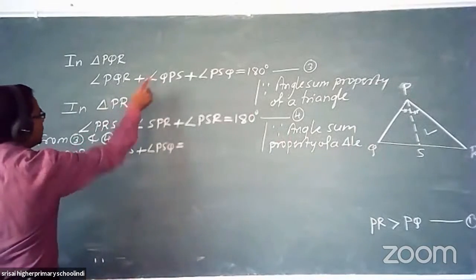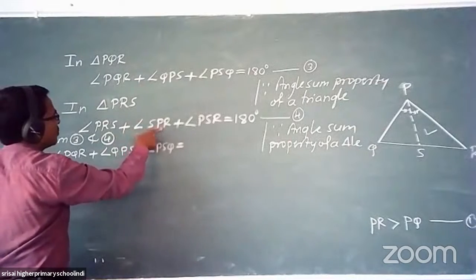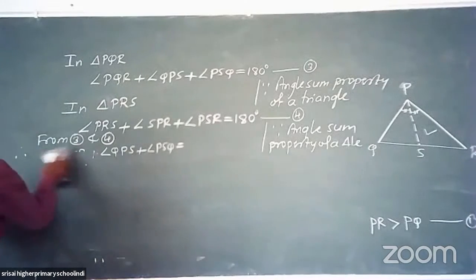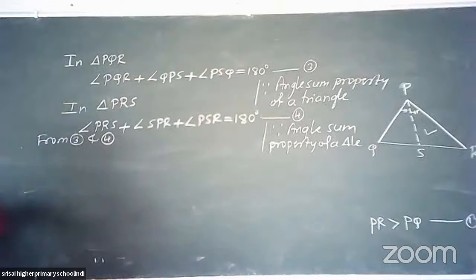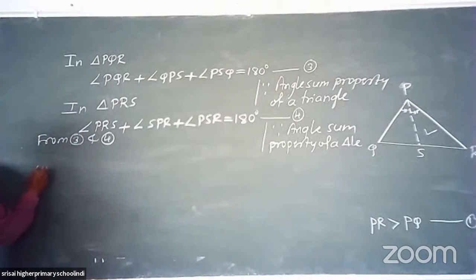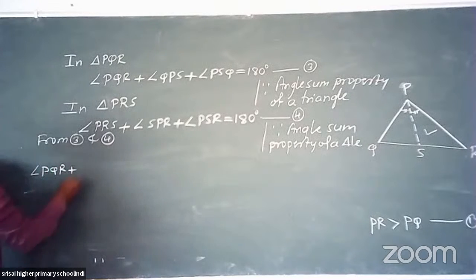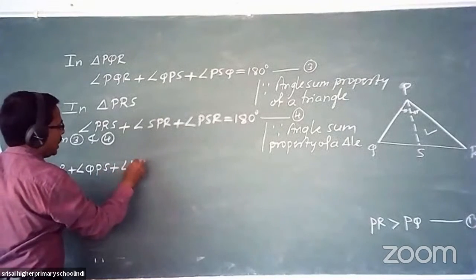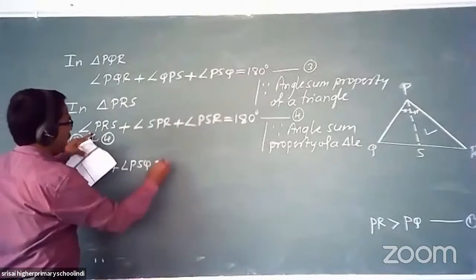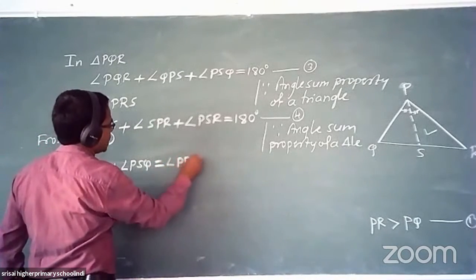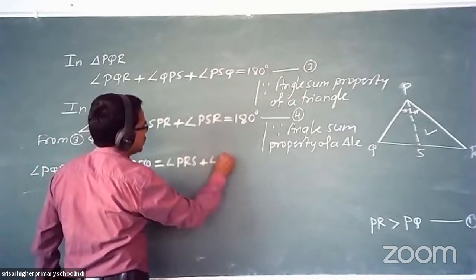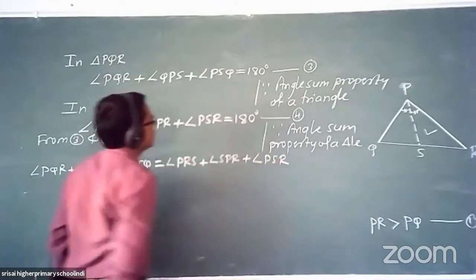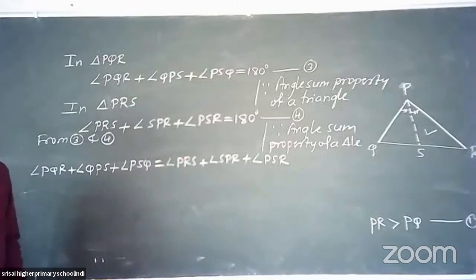Now I'll write the left hand side of equation number 4: angle PQR plus angle QPS plus angle PSQ is equal to angle PRS plus angle SPR plus angle PSR. Okay, from 3 and 4 we can write like this.